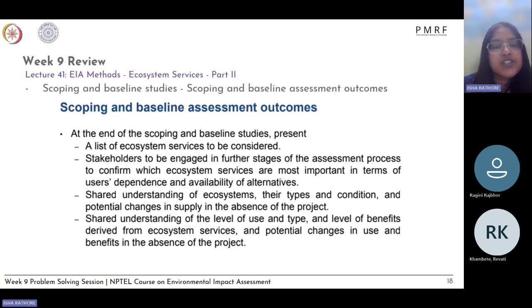Then you also present a shared understanding of ecosystems, their types and conditions, and potential change in supply in the absence of the project, and their shared understanding of the level of use and type and the level of benefits which are derived from the ecosystem service and the potential changes in use and benefits in the absence of the project. So you present all of these in the outcome for the ecosystem services, as a part of your environmental impact study.